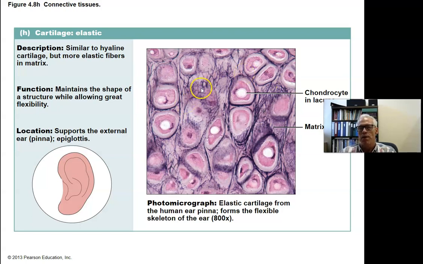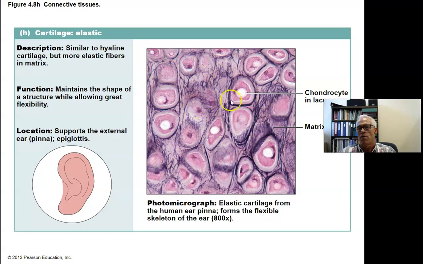And if you feel the pinna of your ear, this outer part of your ear, and how pliable it is, that's because it has elastic cartilage as the inner construction of the shape of your ear, and also your epiglottis is a little flap trap door that folds down and closes over top of your larynx, your voice box, every time you swallow.